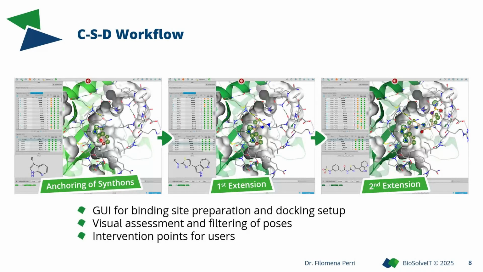In all of these steps, there are different intervention points for the users. Most importantly, the results at the end are going to be synthetically accessible for you to synthesize, or even better, to purchase, since these spaces included already in our platforms come from compound vendors who are leaders in the market.